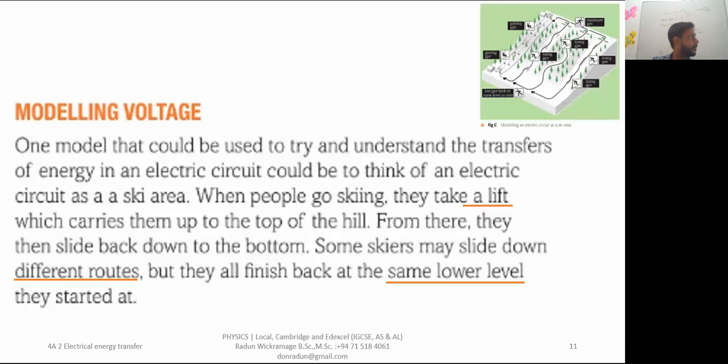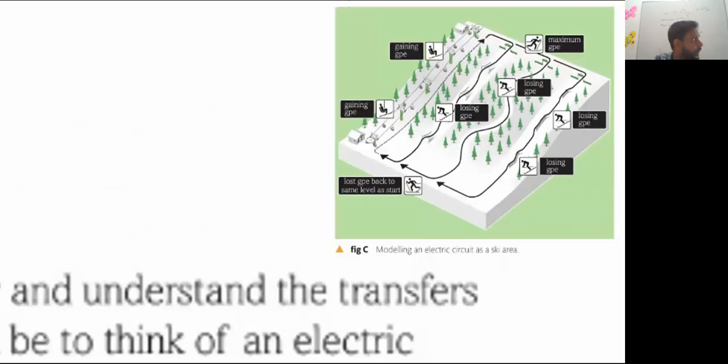When you take this skiing area as a model for an electric circuit, if I take a closer view, you can see the ski lift where the skiers sit, and they are transported to a greater height.